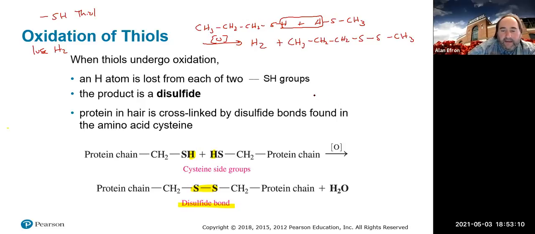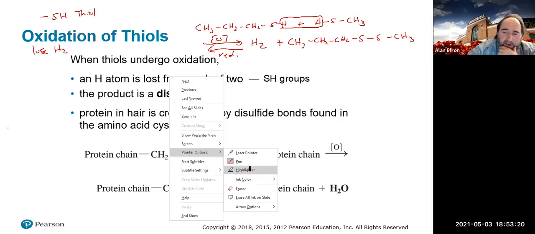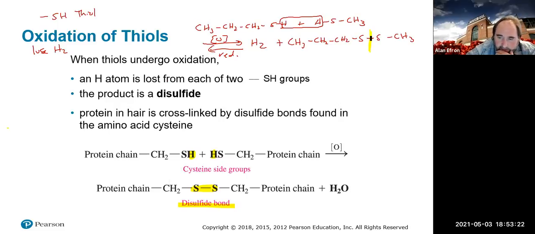I'm imagining you might even be able to figure out here the reduction reaction, which is the reverse. What happens in the reduction reaction? Well, we add H2 back in. Where does it break? Right there. So going in the opposite direction, doing that reduction reaction, if we started with this guy, with our disulfide bridge here, our bond, and we added H2, we simply go left to right and then break it right there and put an H on each of them.